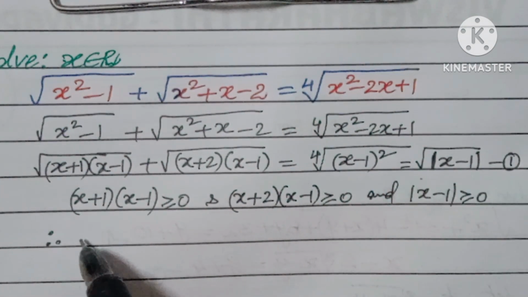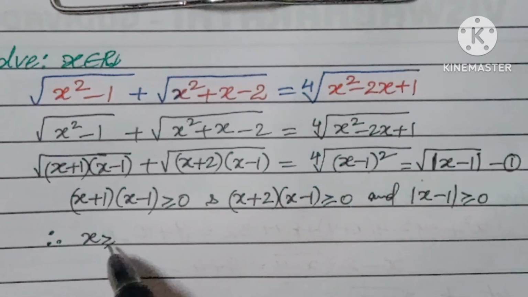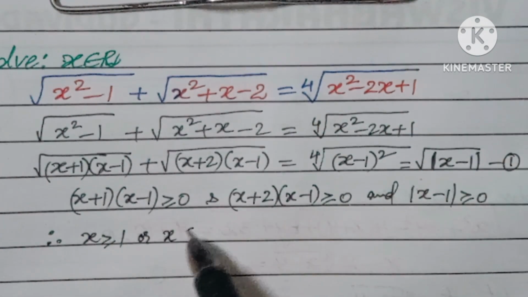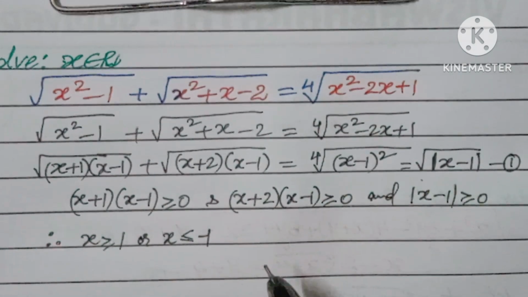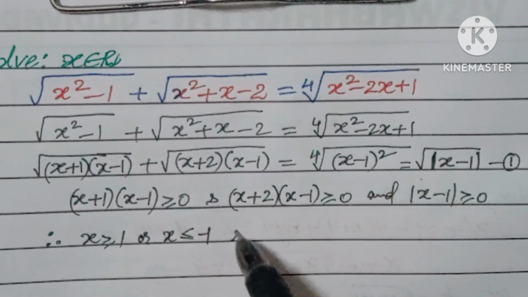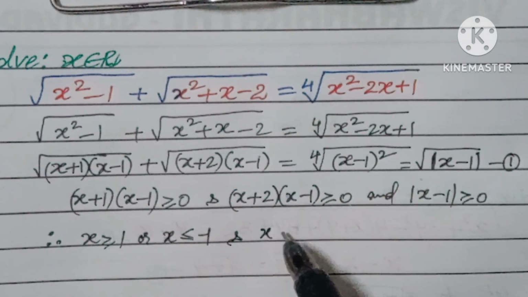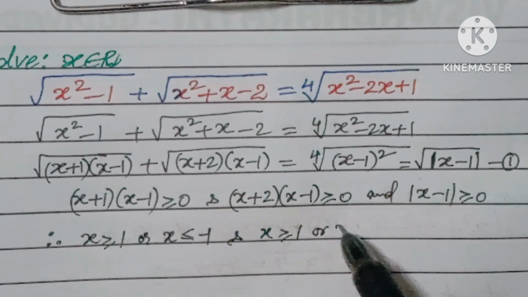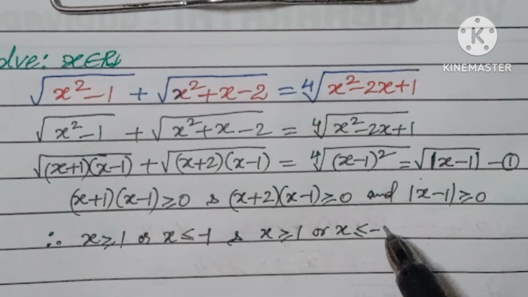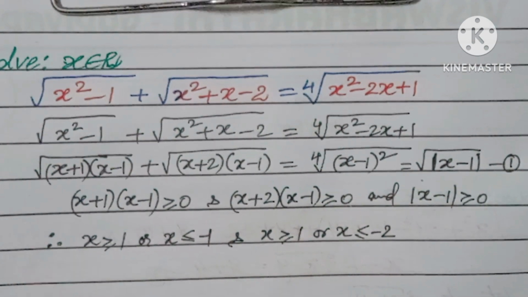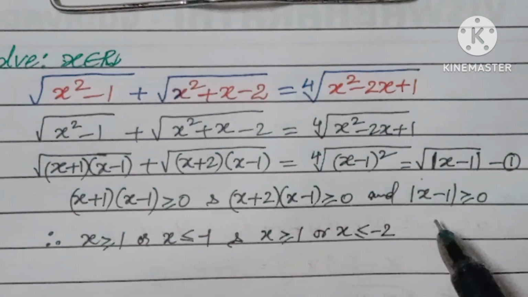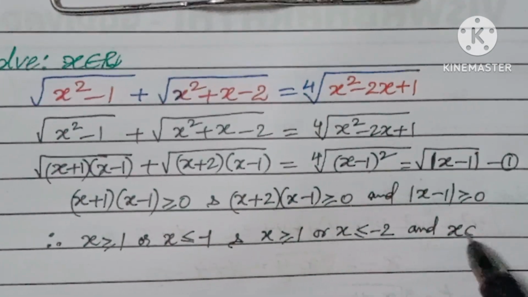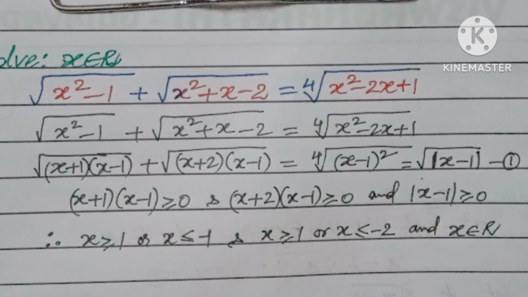So from this you can write x is greater than or equal to 1 or x is less than or equal to minus 1. If you take the second case, x is greater than or equal to 1 or x is less than or equal to minus 2. And in the third case, x belongs to real numbers.